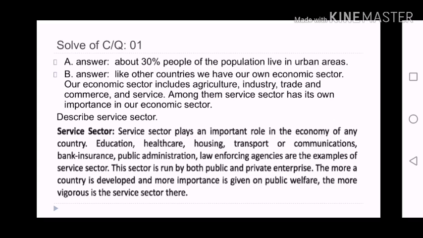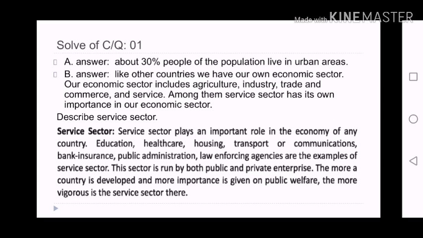So you have to write about 30% of the population live in urban areas. Please do not just write 30% people. It is not incorrect, but it is not a proper way to write the answer. You have to write the full line for answering the question.